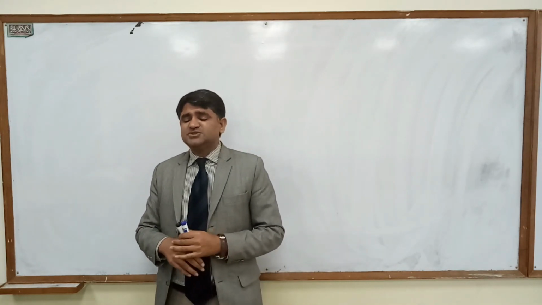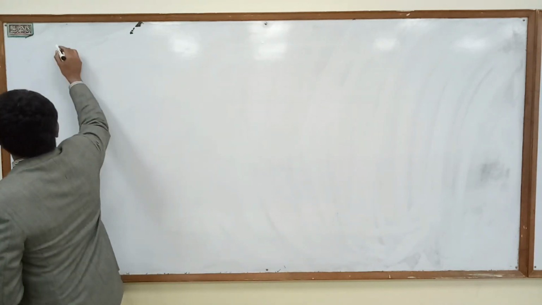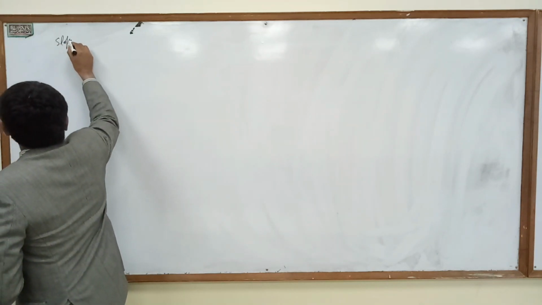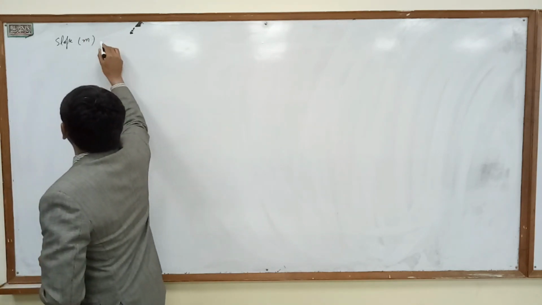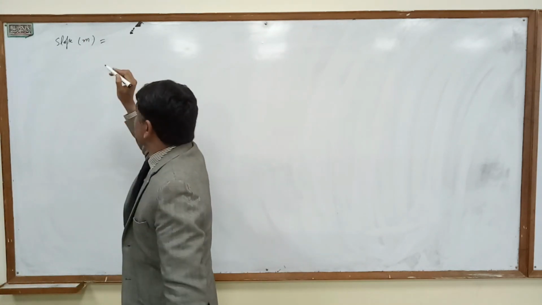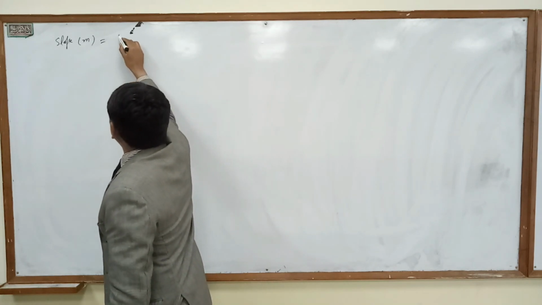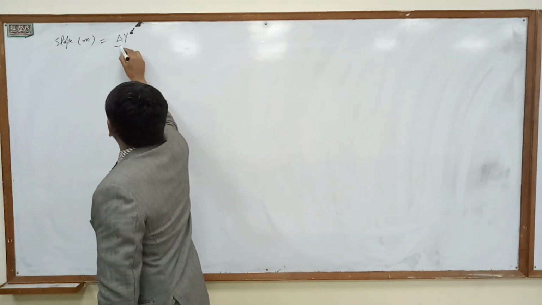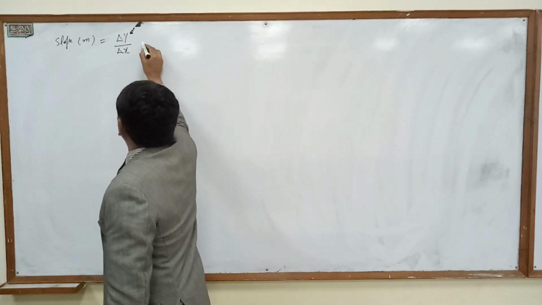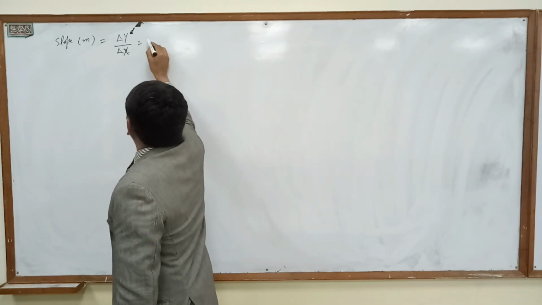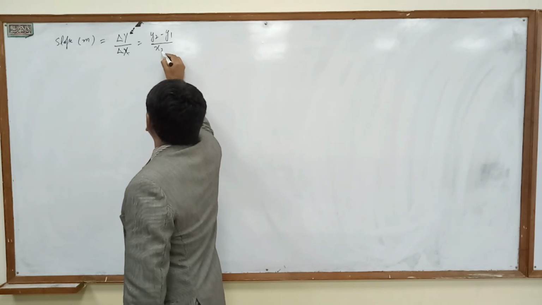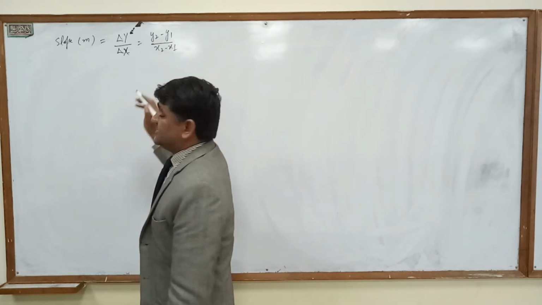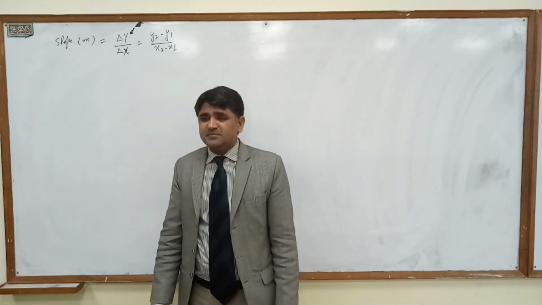And normally slope is denoted by small m in mathematics. Its formula is change in y divided by change in x, or we can write it as y2 minus y1 divided by x2 minus x1. That is the slope formula.